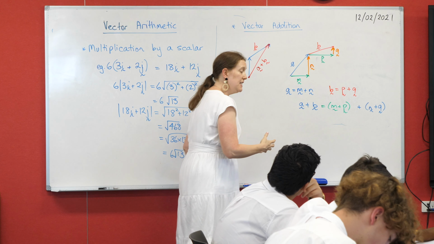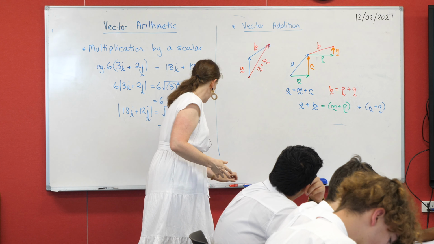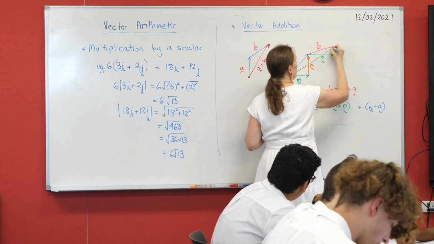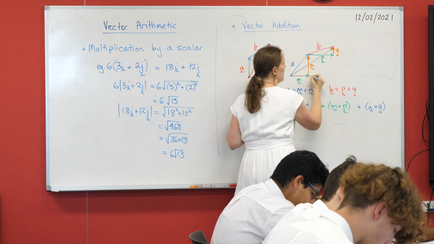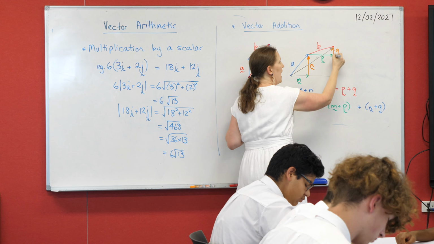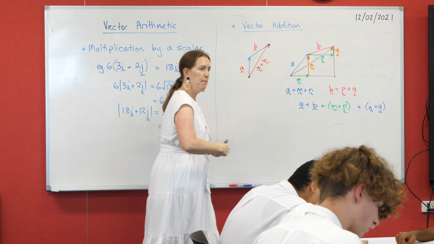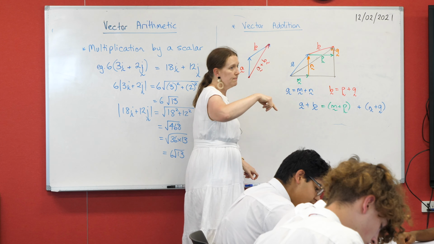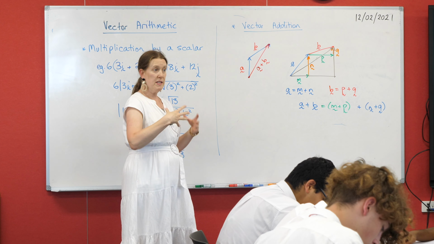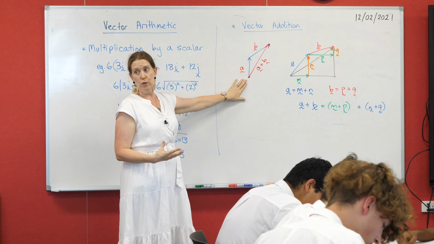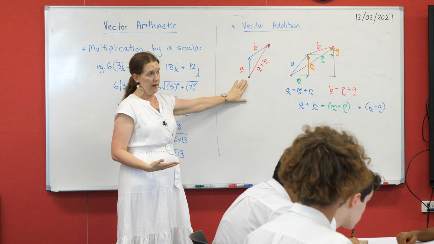And I would end up with a vector that went from A all the way to B, which would have this component in the I direction, and this component, or the sum of those components, in the J direction. Are we good? Can we see why that works? This is called the triangle law because we've made a triangle.